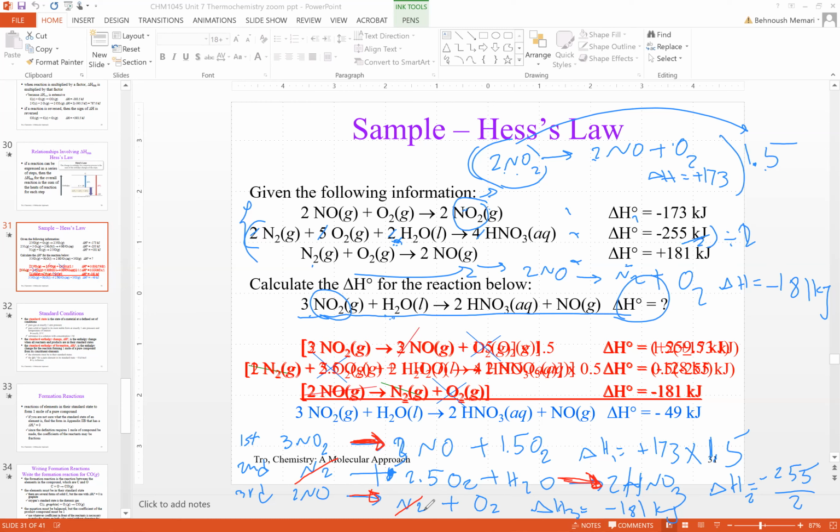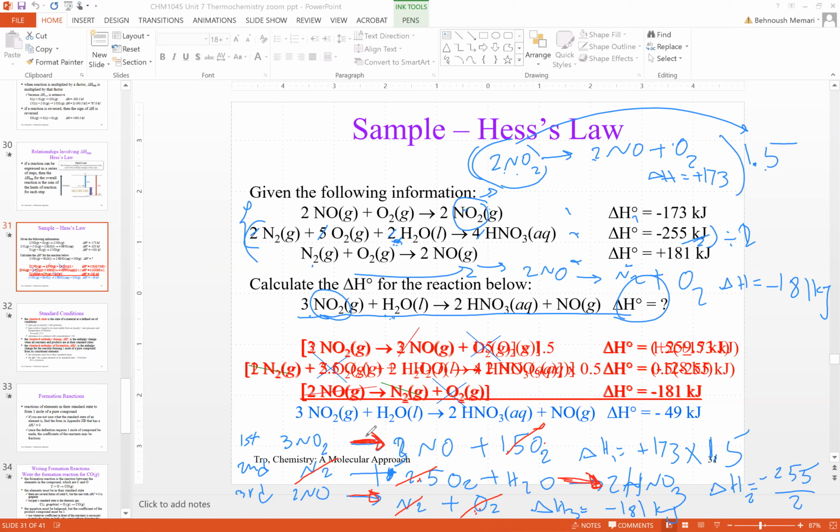O2, the final reaction doesn't have any O2. We have 2.5 O2 here on the reactant side, and then this is on the product side. 1.5 of it is going to be canceled with 1.5 of this. 1 is left, and this 1 is going to be canceled with this 1, because this is also on the product side. 1.5 O2 and 1 O2 is 2.5 O2, and that would cancel with the 2.5 O2 on the reactant side from reaction 2.